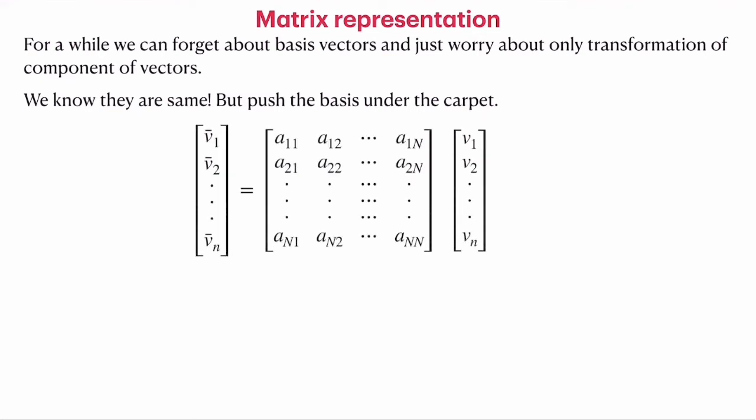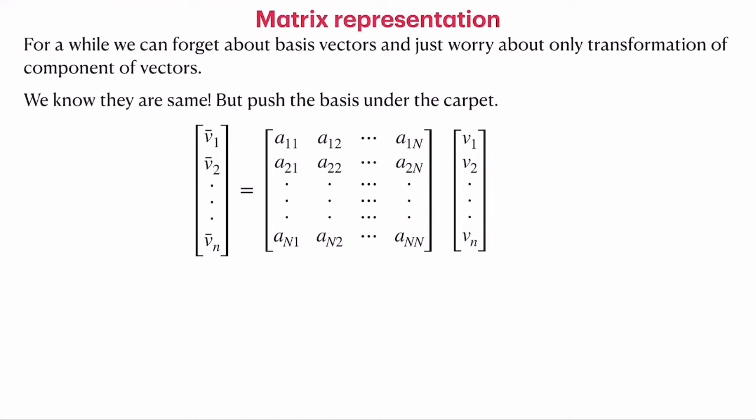So the component transformation can be written in terms of matrices in a very simple manner, where the transformation matrix Aij or Bij, in both the relation and its inverse, is written as an n cross n matrix, while the components of a vector in each basis are written as column vectors.